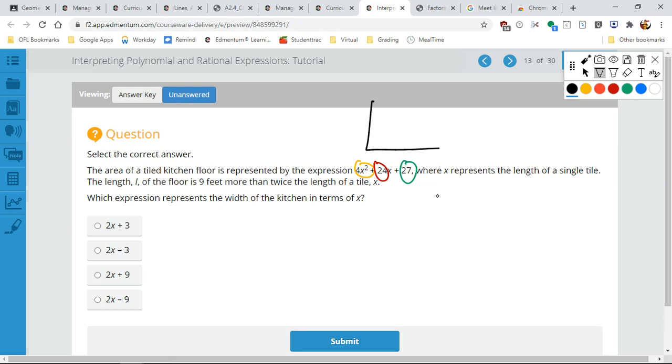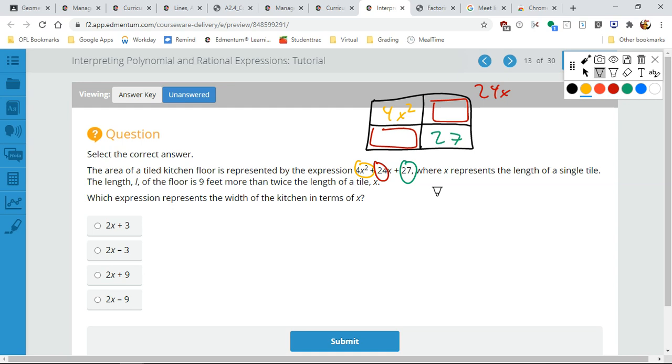So when we're doing this 4x squared, we're putting this 27 here, and our little reminder, what both of these add up to, is going to be 24x.